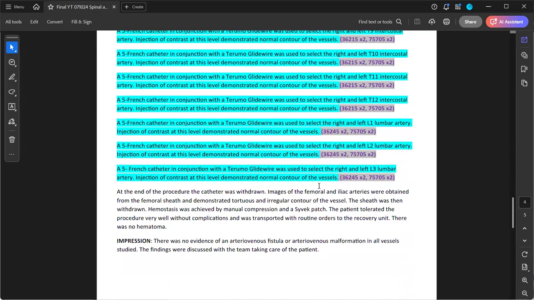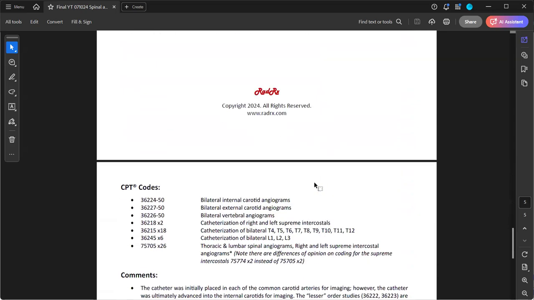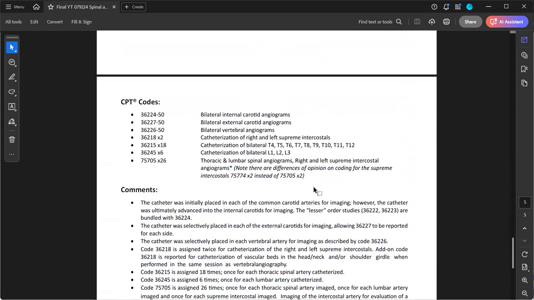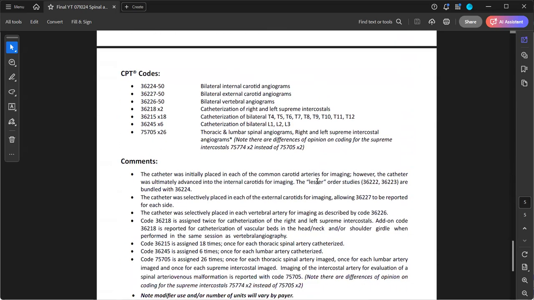So let me scroll down and we'll do a little review of what we have here in summary. Our final codes end up being 36224 with modifier 50 for the bilateral internal carotid angiograms, or RT/LT, depending upon your payer. 36227 modifier 50, depending upon your payer, could be RT/LT. Actually, CPT guidelines say that it would be times 2, not modifier 50.